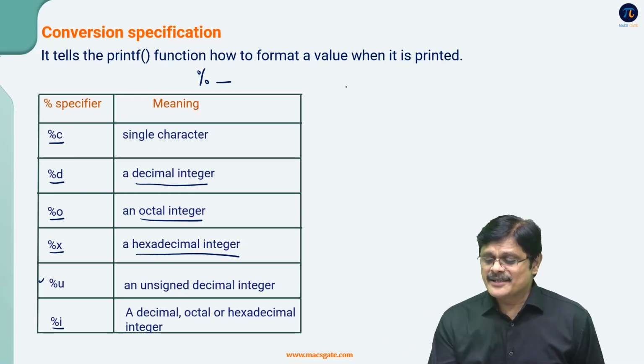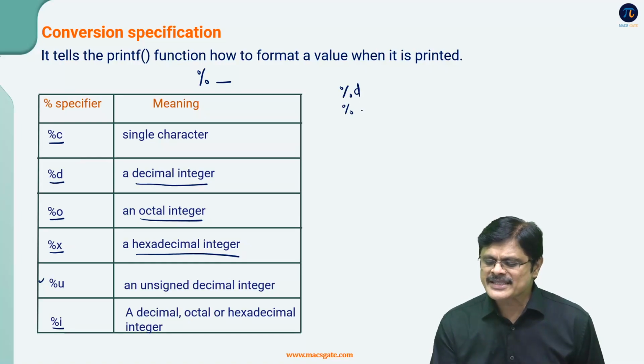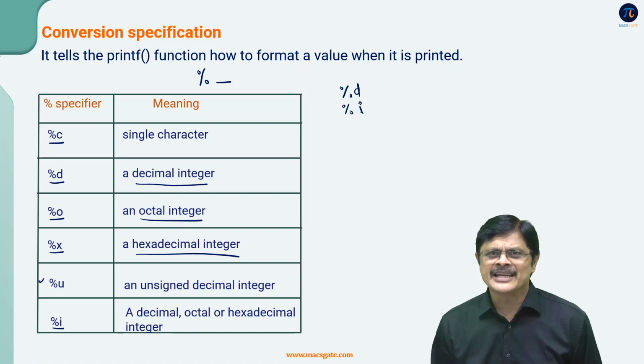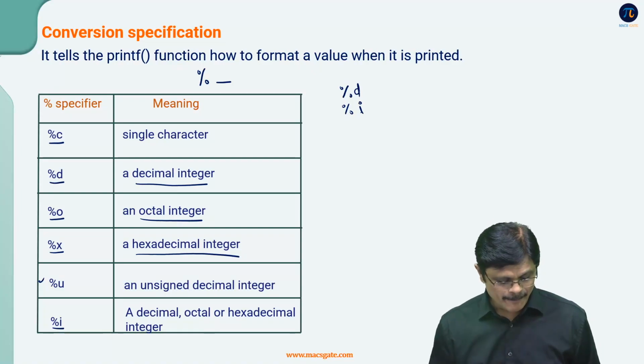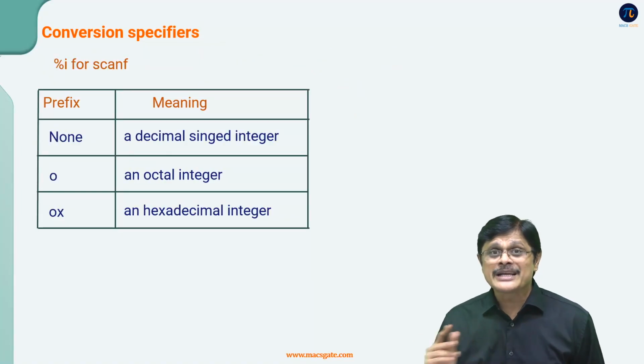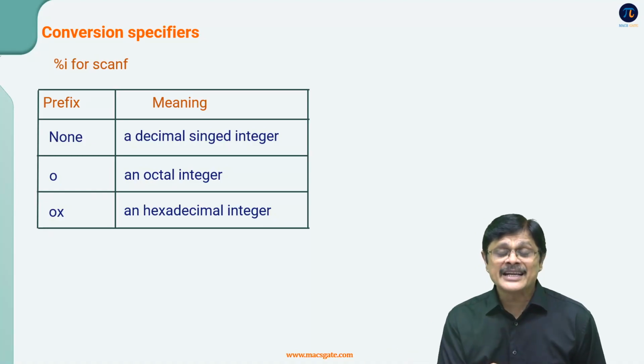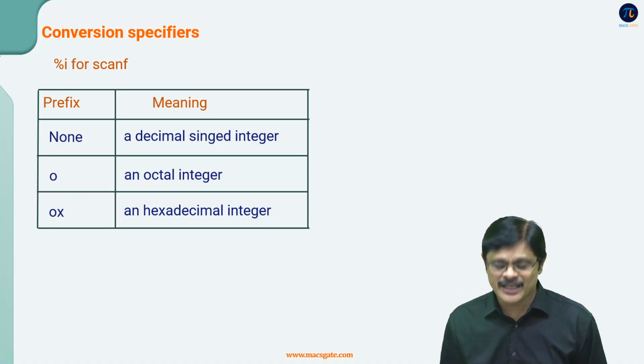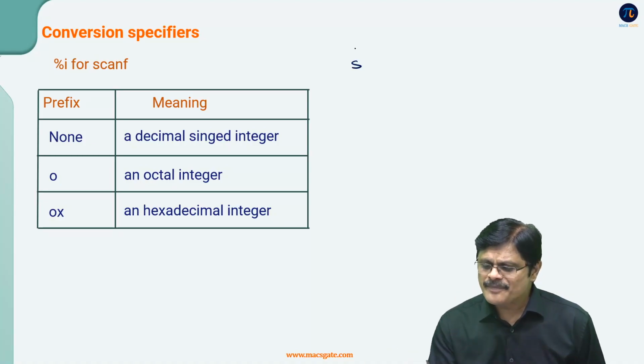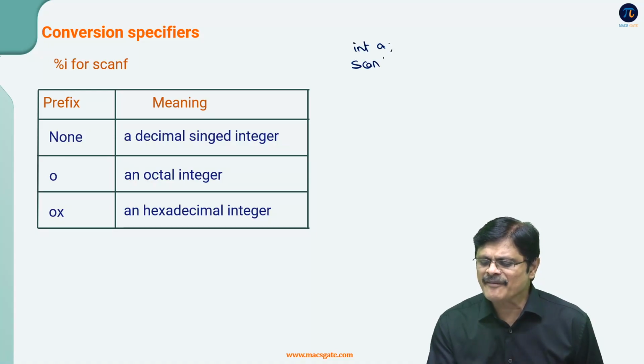My dear friends, with respect to printf, the effect of %d and %i is one and the same. But when you consider scanf, the %i has a special meaning. See, normally, if you define a variable and using scanf you want to assign a value to this particular variable, that is the %d conversion specification if I use it.